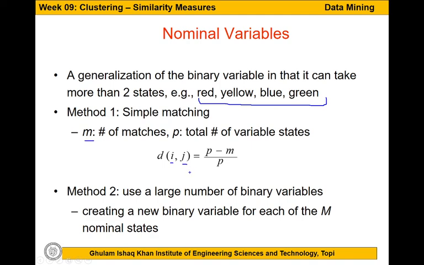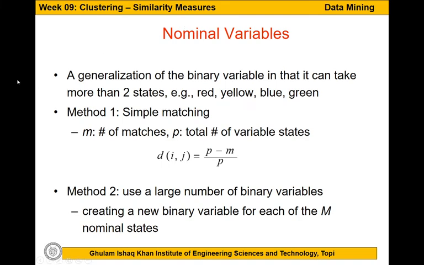For example, there is a record I, there is a record J, and this is the value of the first variable, this is the value of the second variable, the third variable, the fourth variable. Now out of these 4 variables, there are 2 matches. So this is how this is computed.